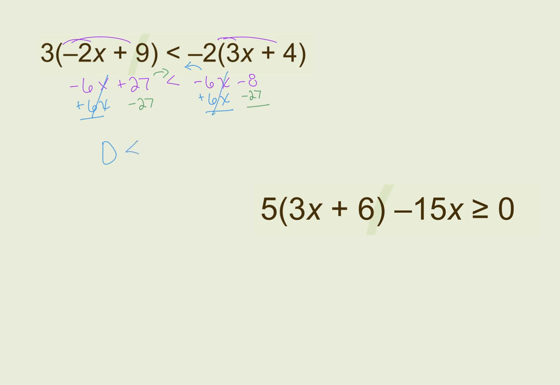Less than negative 8 minus 27 is negative 35. Well, 0 is less than negative 35. That is not true, ever. And so when you get something that is not true, your answer is the empty set, no solution. And you may write it either way, no solution or that empty set symbol.